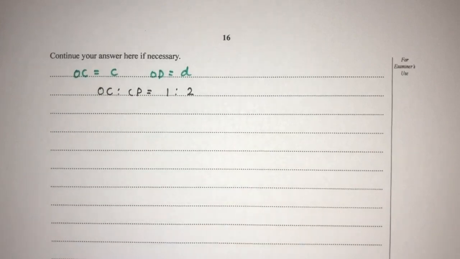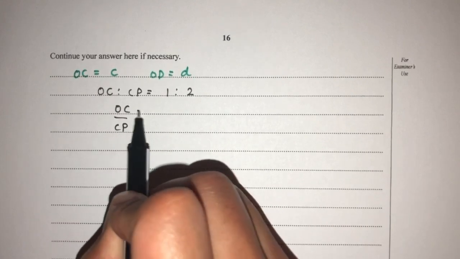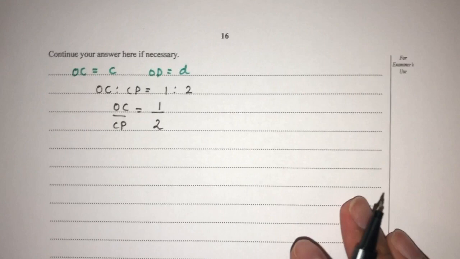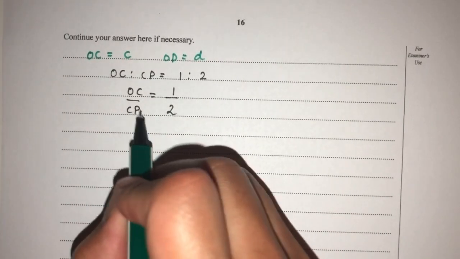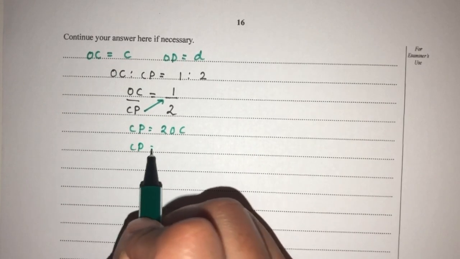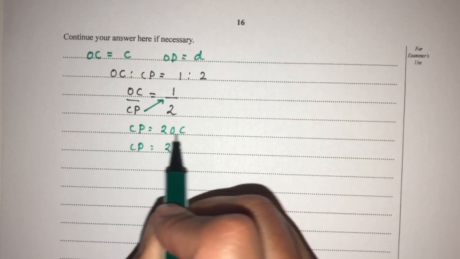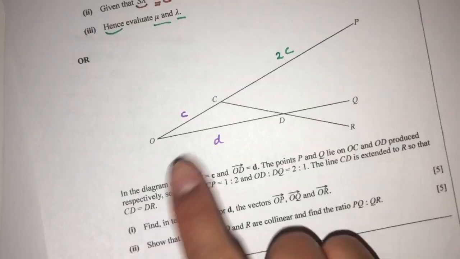Now you can rewrite this in terms of fraction. For example, OC over CP is going to be 1 over 2. Now we want to find CP, obviously, so we have to make this become subject of formula. So let's send this over here. You will have CP will be 2 times OC, so CP will be 2C because OC is equal to C. That's the first thing we derive from that ratio. Okay, as you can see here, CP is 2C.